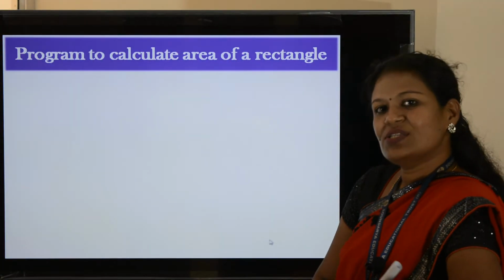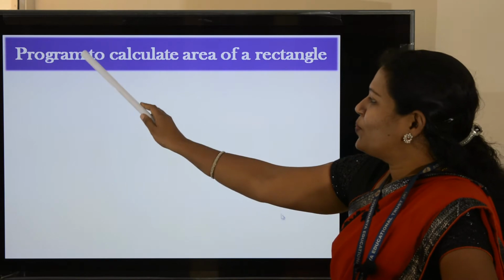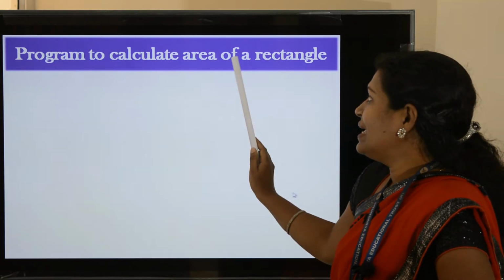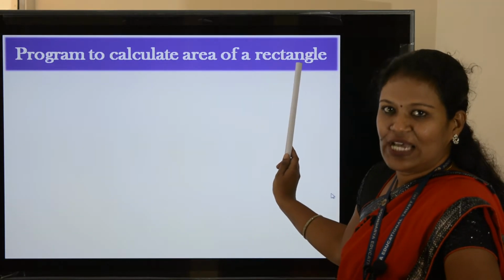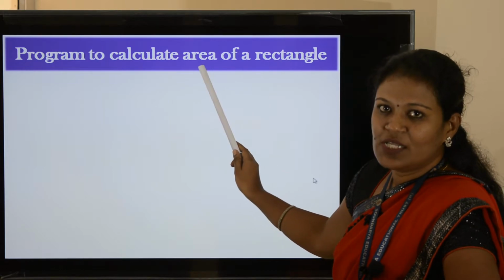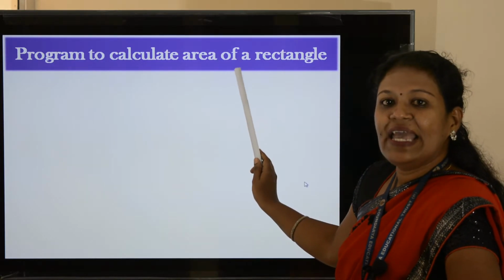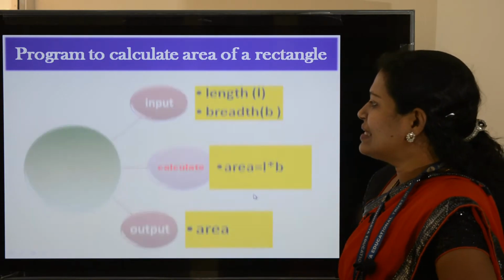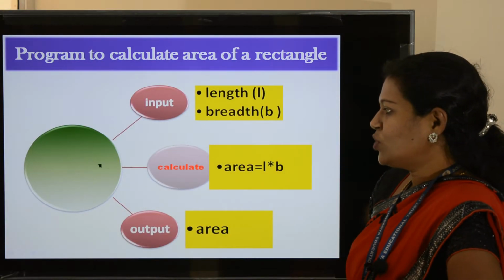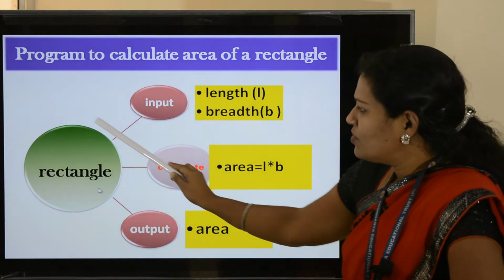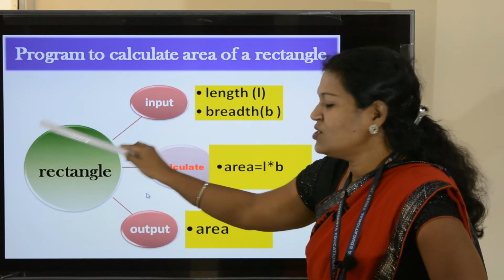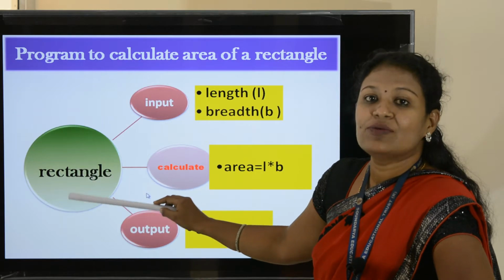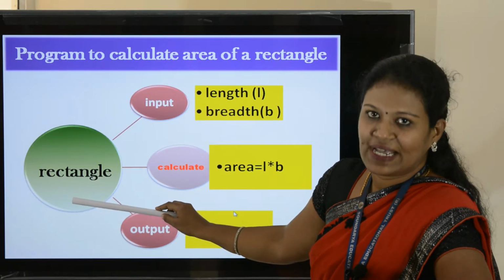Next is also a program. Program to calculate the area of a rectangle. We'll see what all things are there in that program. Here the class name is rectangle. I am going to give the class name as rectangle.